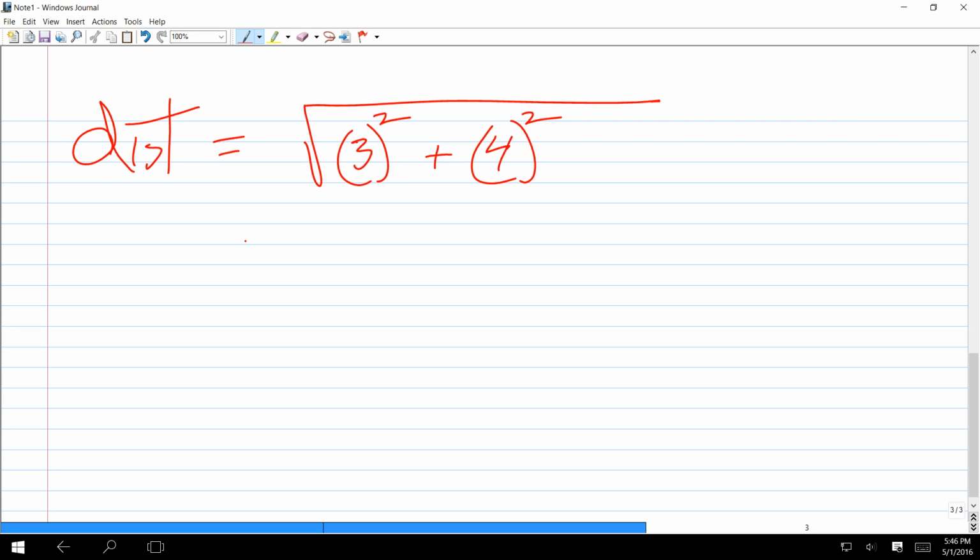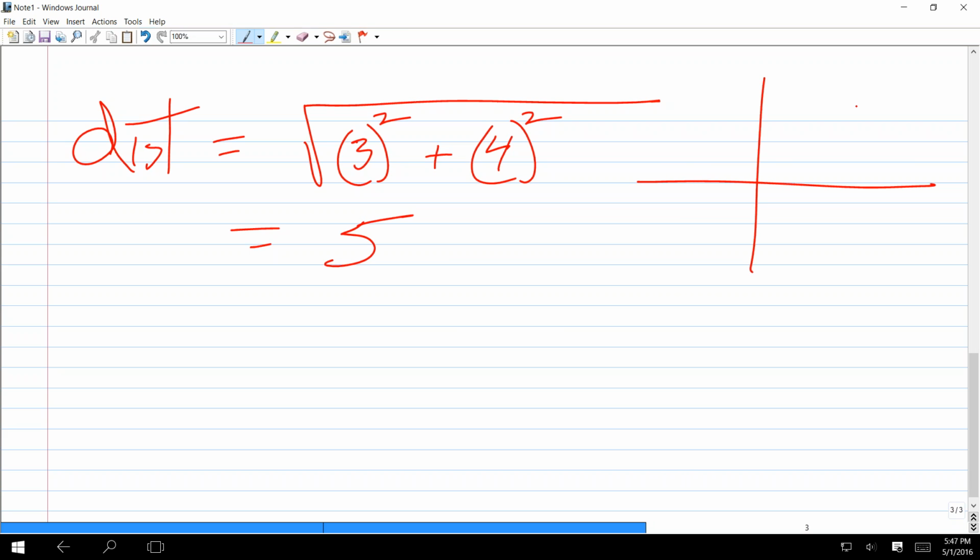Okay, what's the square root of this? It should be 9 plus 16, so 25. 9 plus 16 is 25, so the answer should be 5. And that you should recognize as a 3, 4, 5 triangle.